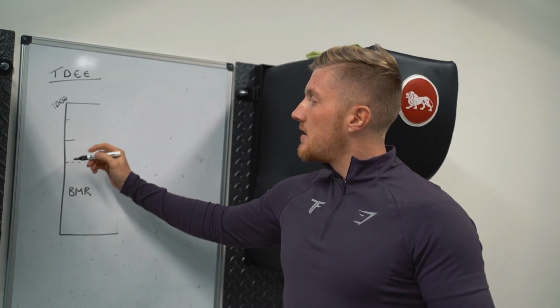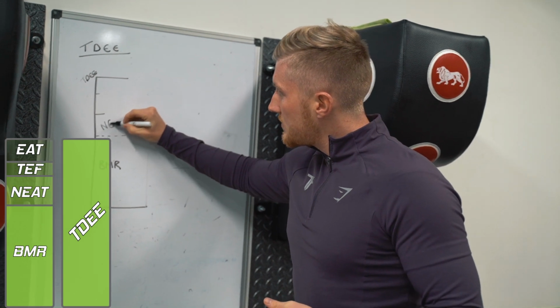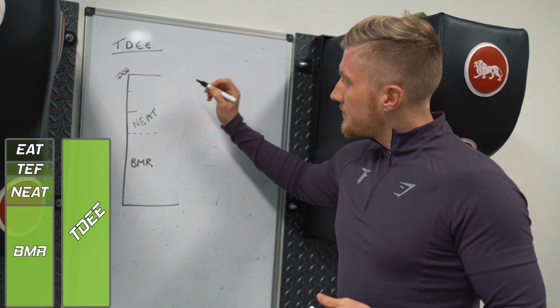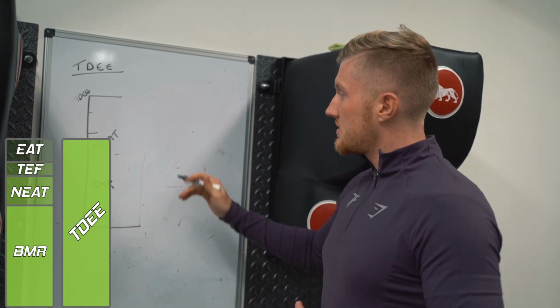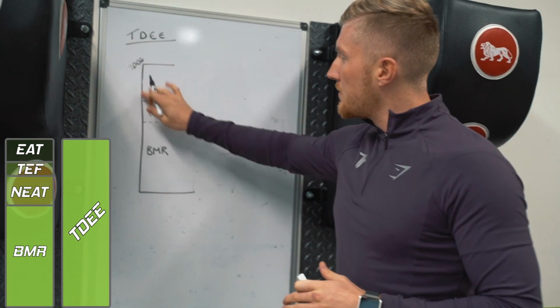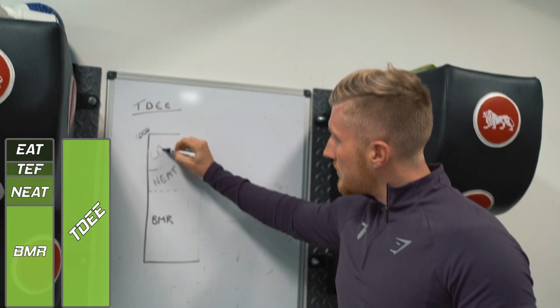Then the next part of your calories is based on your NEAT level. You've also got the thermal effect of food and stuff, but forget about that just now. And then you've also got your EAT level, right?